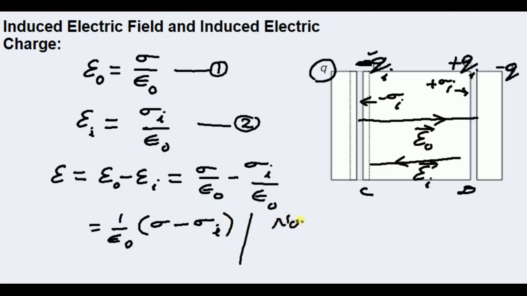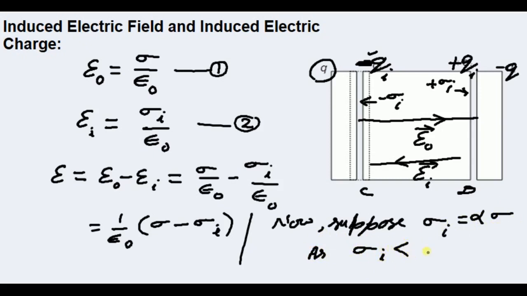Now suppose sigma I is alpha times sigma free, as sigma I will always be lower than sigma, that is sigma I is less than sigma, therefore alpha will be less than 1.